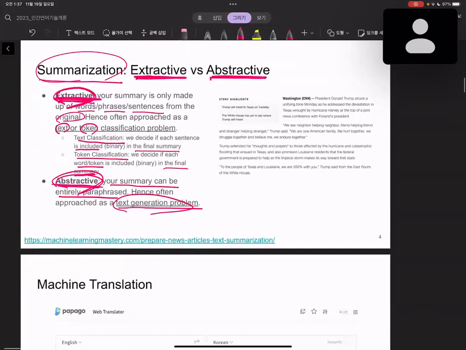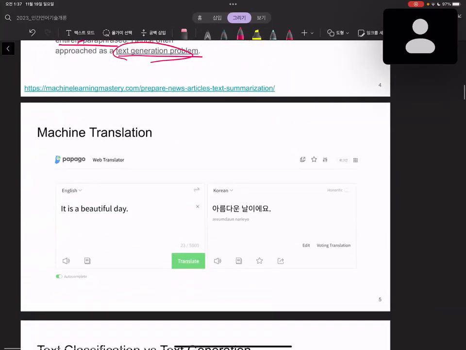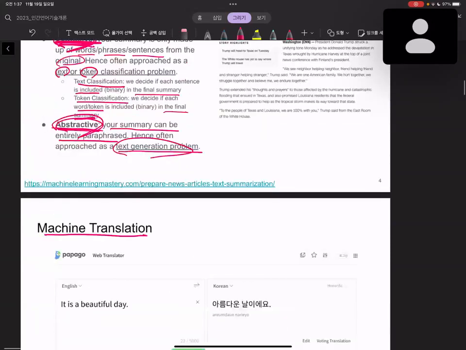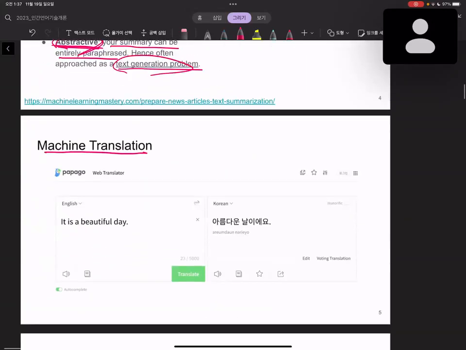For example, in machine translation, we cannot perform the extractive method. What is machine translation? In machine translation, we convert a sentence in one language into a sentence in another language, such as converting an English sentence to a Korean sentence.